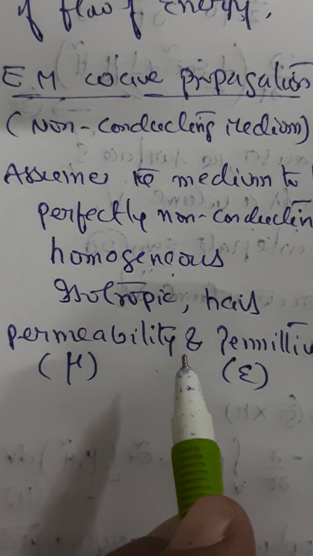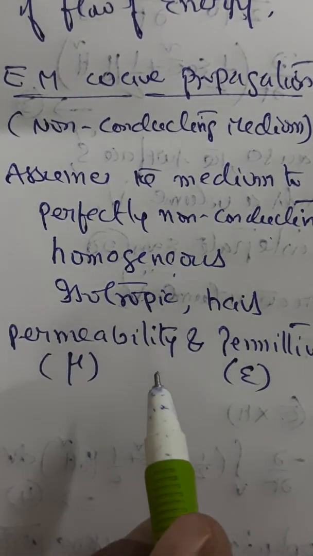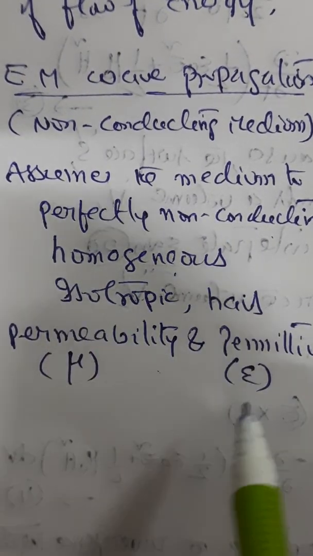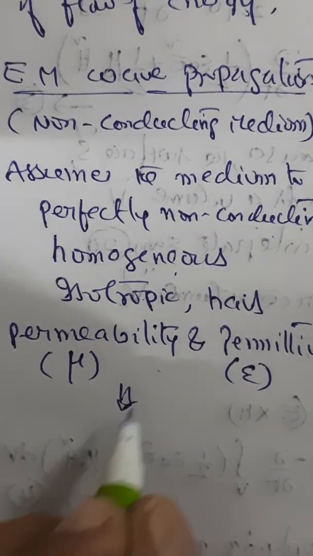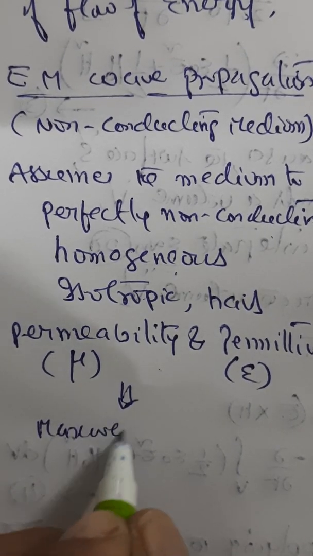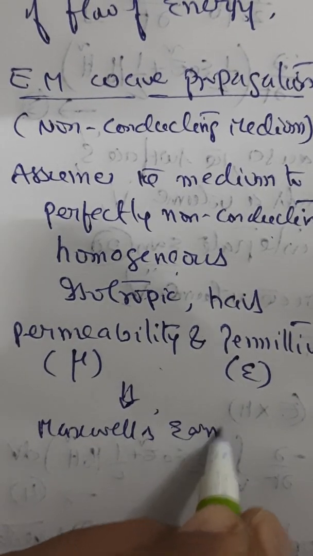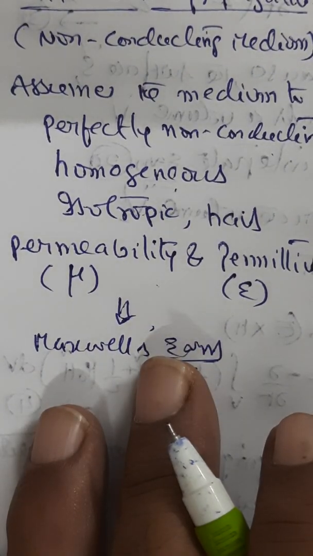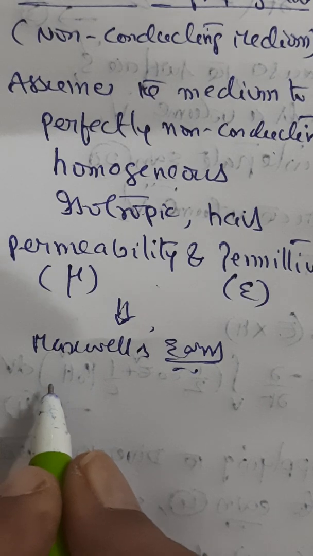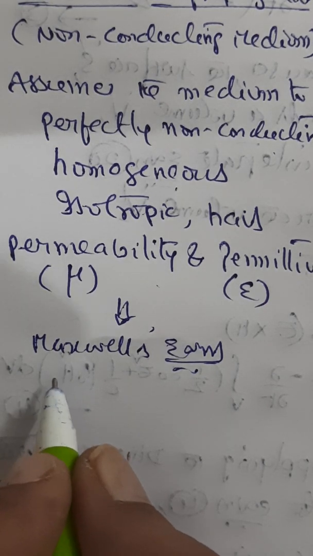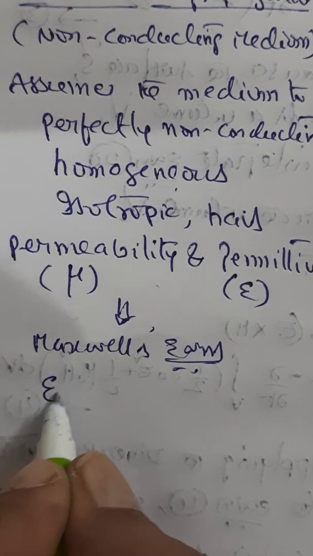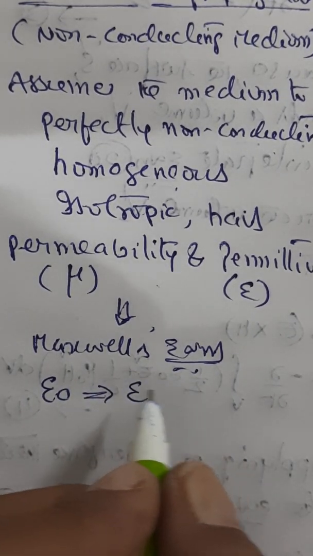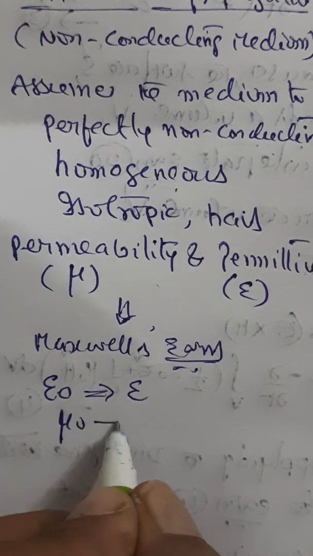In that case, whatever Maxwell equations we have seen last time remain almost unchanged, except that wherever you have epsilon naught, you should replace it with epsilon, and wherever you have mu naught, you should replace it with mu.